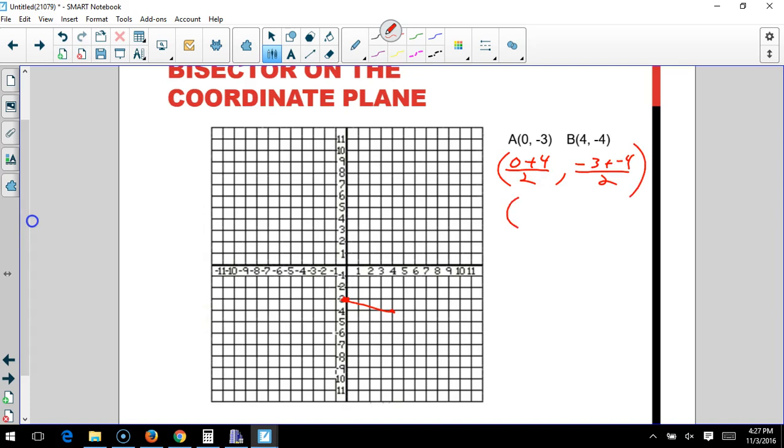That's going to be 4 divided by 2, and -7 divided by 2. So (2, -3.5), which is going to be right here. We'll put it in a different color. So (2, -3.5).